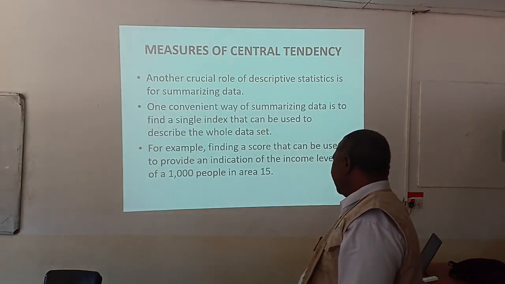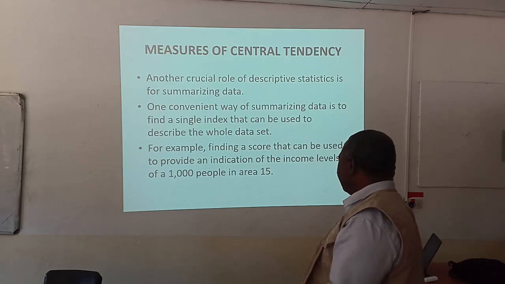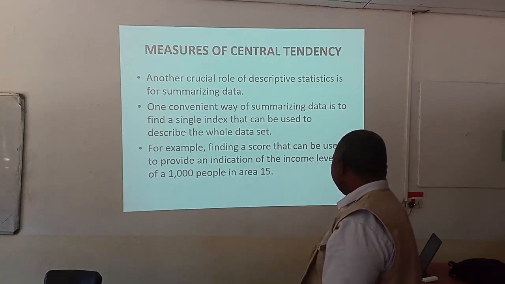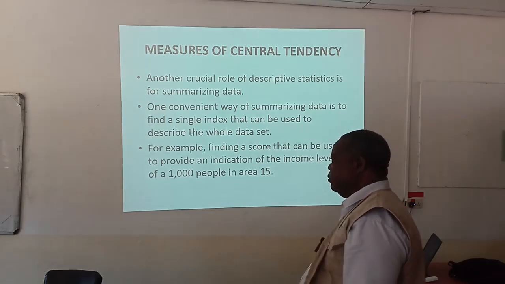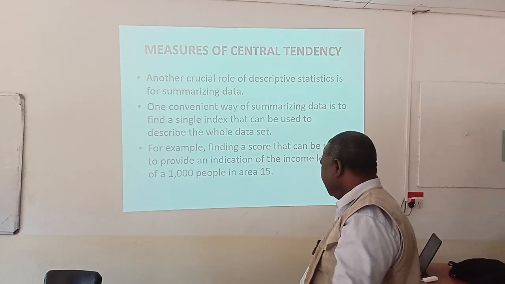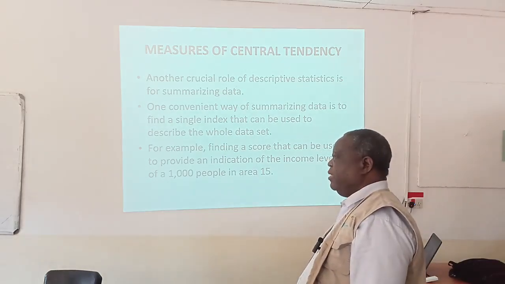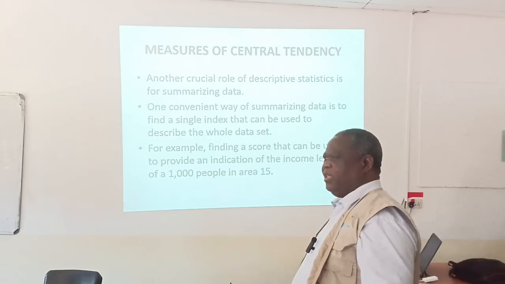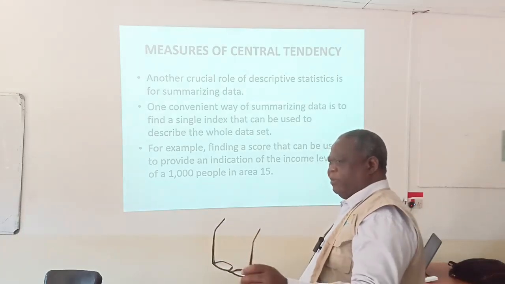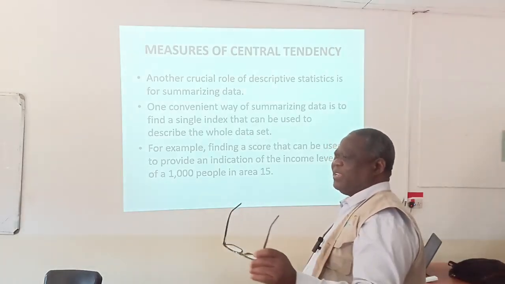So, if, for example, you were looking for a particular attribute in a population of, say, 1,000 people, and you have collected data for those 1,000 people, you will end up with 1,000 data points.